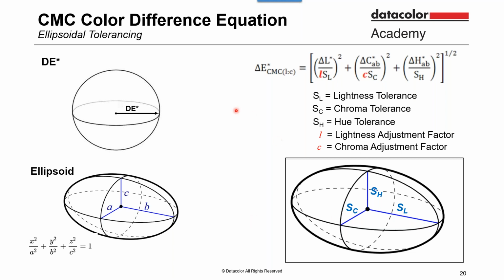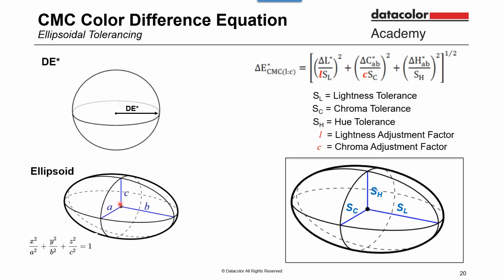As you see over here, this is again the sphere, and DE is the radius of this circle or sphere. An ellipsoid is where we're stretching out this sphere, and the equation of an ellipsoid is shown down here. The key point is that the denominators here, a, b, c, are the semi-axes of the ellipsoid.